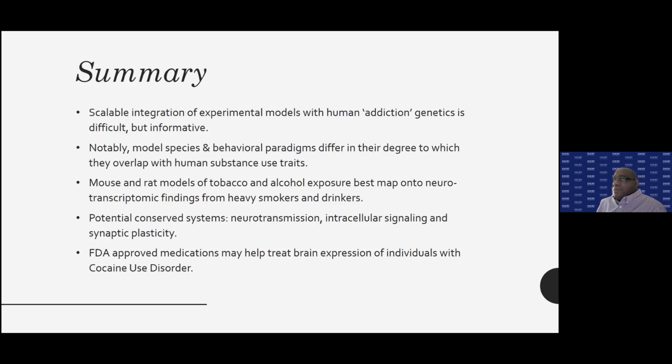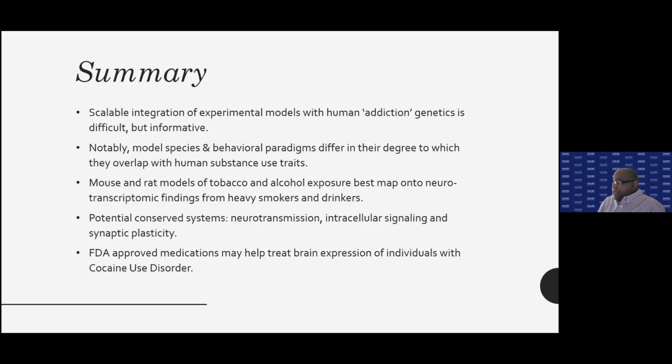We are seeing that model species and behavioral paradigms do differ to some extent, but more work needs to be done to understand their relative contributions to different aspects of human substance use and substance addiction. In the same way, mouse and rat models of tobacco and alcohol exposure might best map onto neurotranscriptional profiles for heavy users and drinkers.